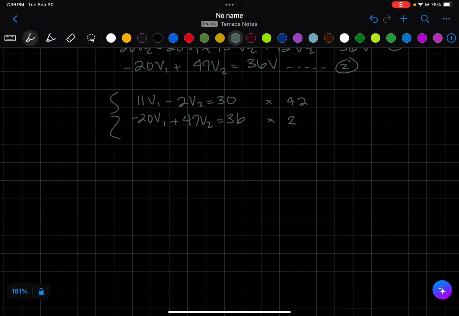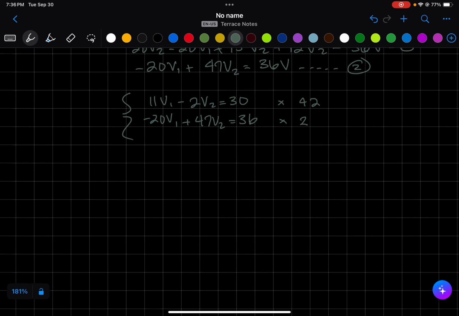Then we will plug in the value for v1 into one of these equations and solve for v2. So right now I'm trying to cancel out v2.